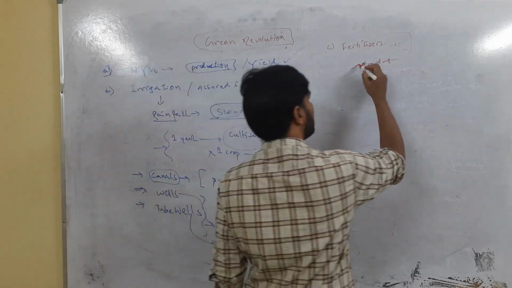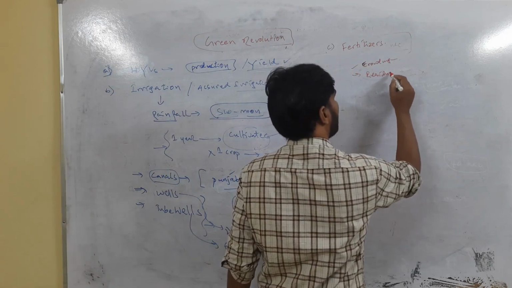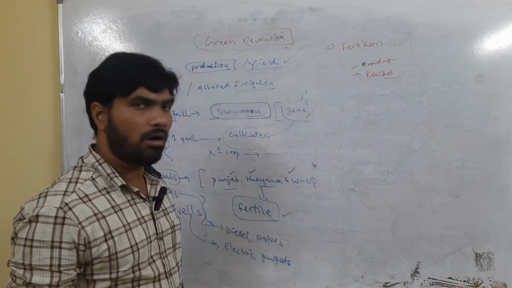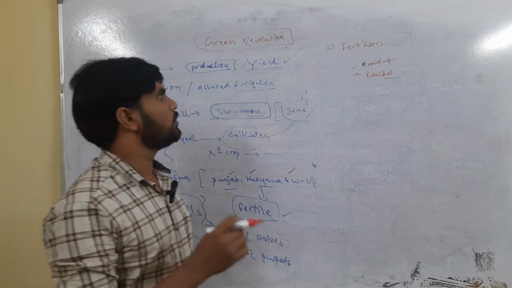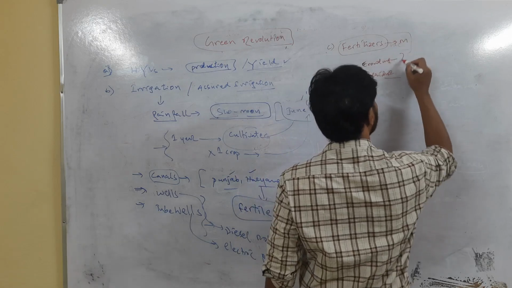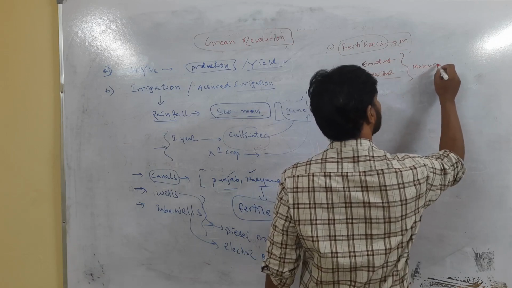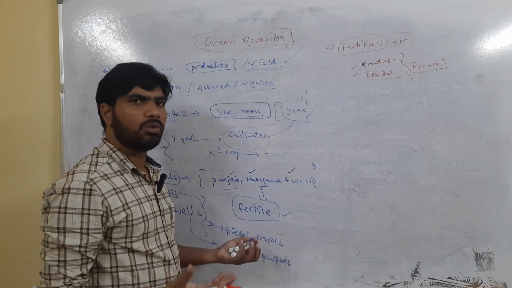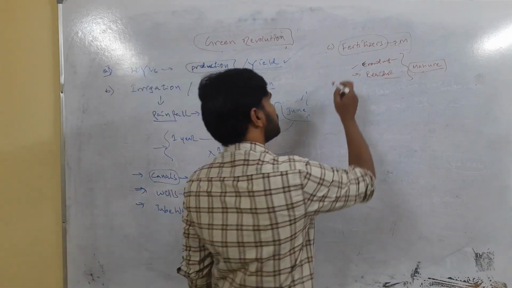Then there was crop residue, maybe from wheat, rice, or maize. Any crop residue was also used as a fertilizer or manure. Instead of calling them fertilizer, the best word is manure. This manure was used as a source for increasing the nutrients in the soil. That was the practice.